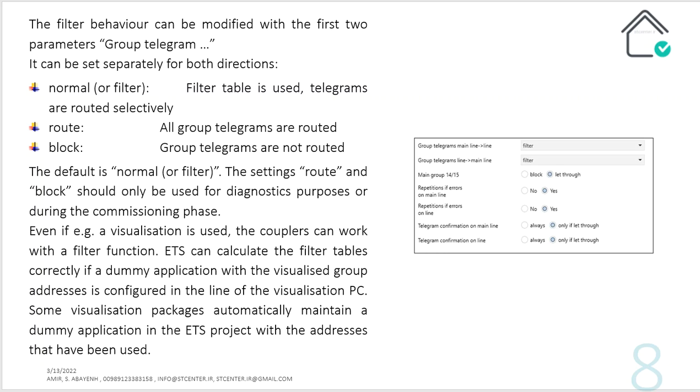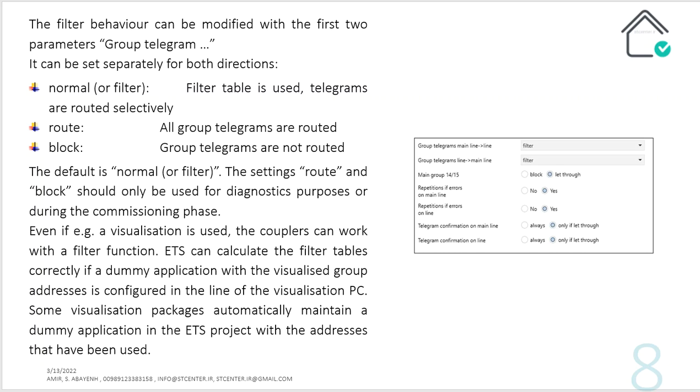But maybe in some situations you want to route for some time and then bring it back to the filter. Or because of some problems in the future you want to block it altogether and separate your line or area from the other ones. So these possibilities are provided in the parameter settings of the couplers.